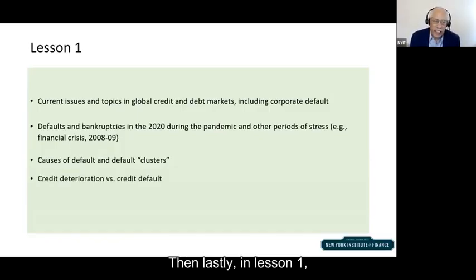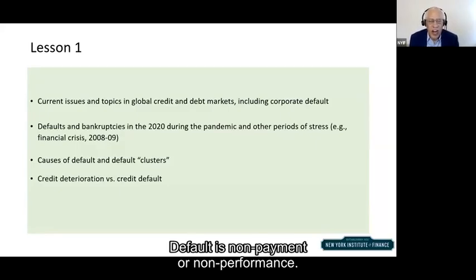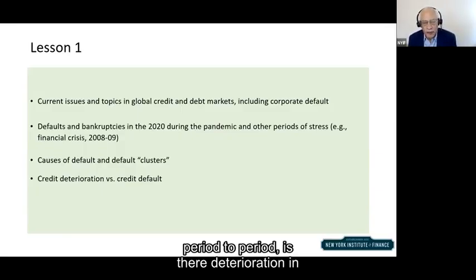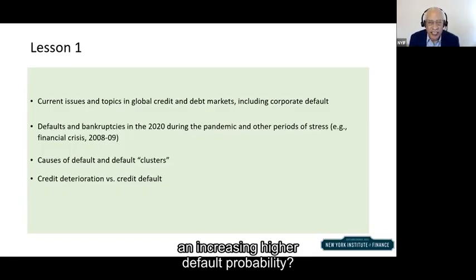And then lastly, in lesson 1, we're going to look at credit deterioration versus default. So default is non-payment or non-performance. Credit deterioration is, as we proceed from quarter to quarter, period to period, is there deterioration in the financial condition or an increasingly higher default probability?